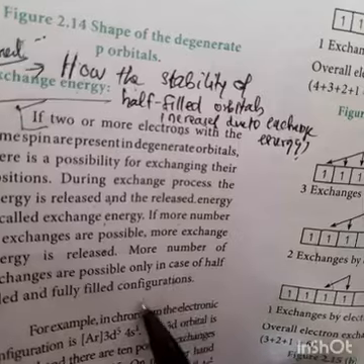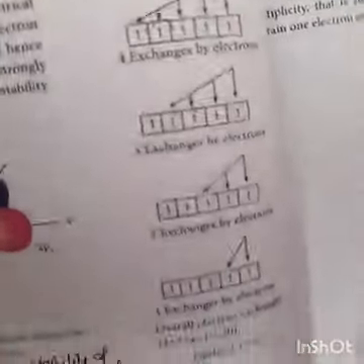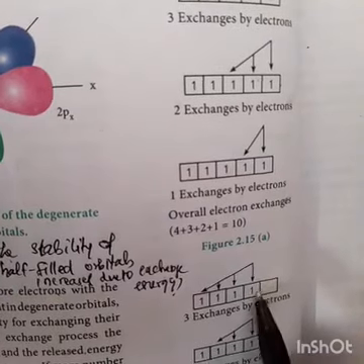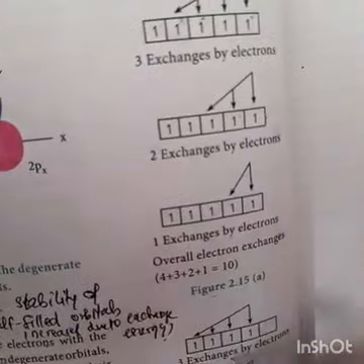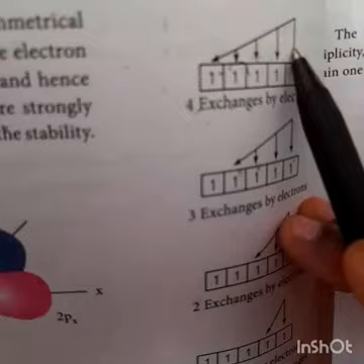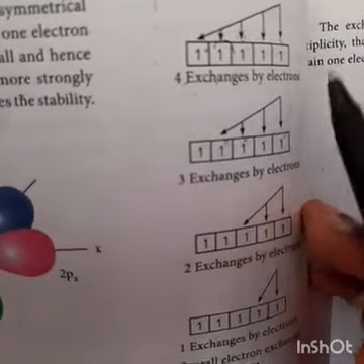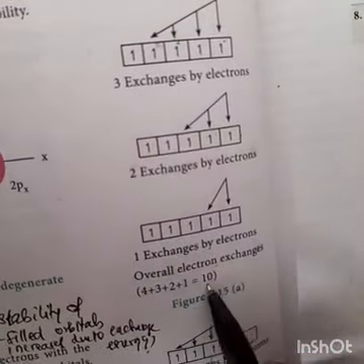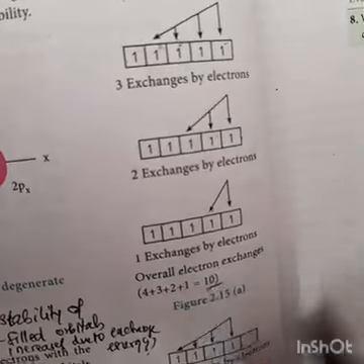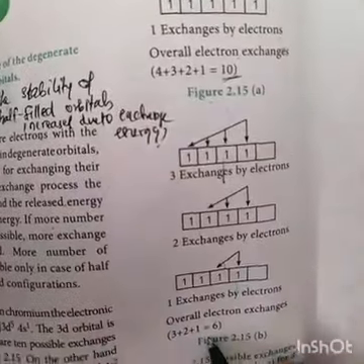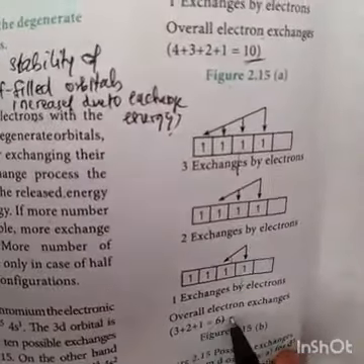Okay, listen here. This is the half-filled configuration. This is the partially filled configuration. When compared to partially filled configuration, half-filled configuration has more exchanges. Okay, 10 exchanges, overall electron exchanges, 10 exchanges. But partially filled configuration has only 6 exchanges here.